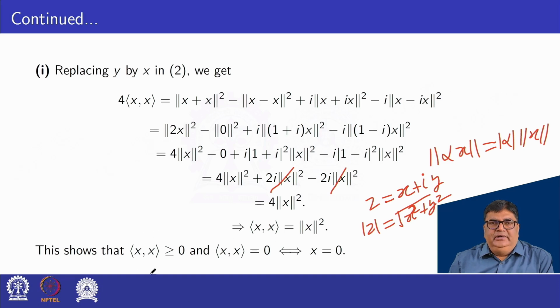This shows that inner product of xx is non-negative, and if inner product of xx is equal to 0, this implies that x is equal to 0, because inner product of xx equal to 0 implies that norm x squared is equal to 0, that is norm x is equal to 0, and we know that norm x is equal to 0 if and only if x is equal to 0. Hence, condition first is satisfied.